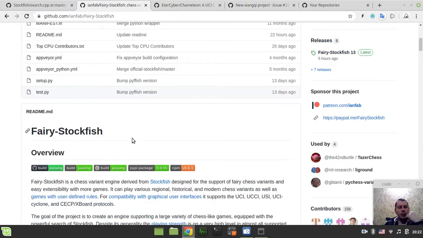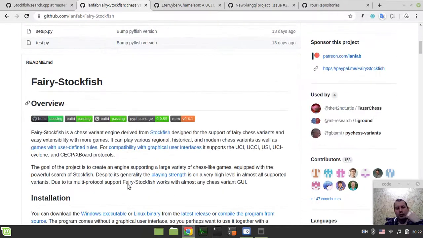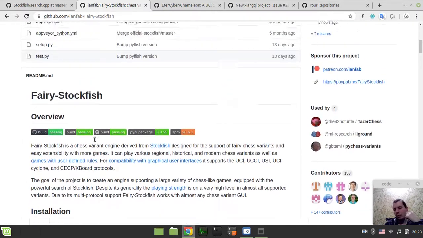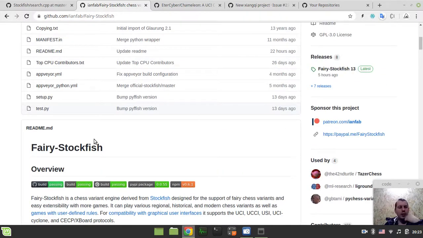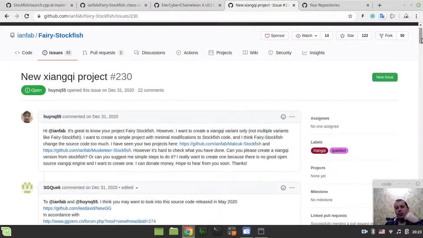So just a few words about Fairy Stockfish, because when you just read through the README file, it's one thing, but when you talk to the author, it's totally different. Fabian is an extremely nice guy, and what's the gist of what he told me? He kindly pointed out one of the interesting issues available within Fairy Stockfish.